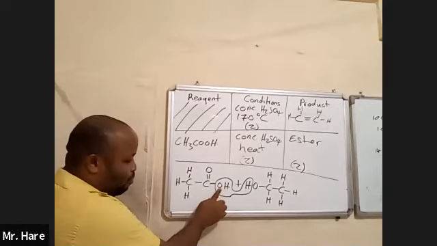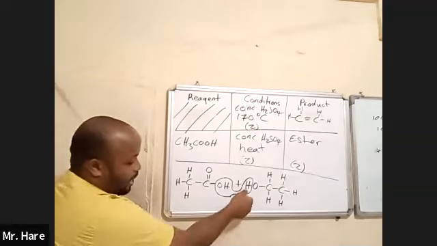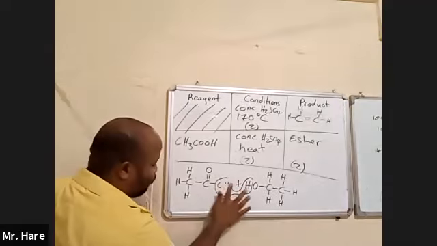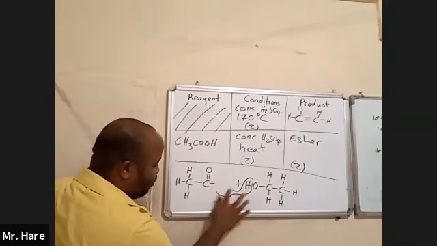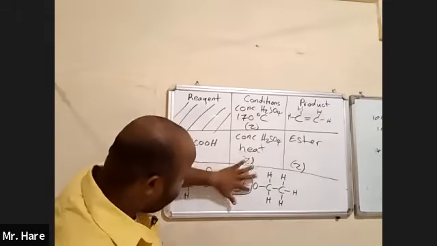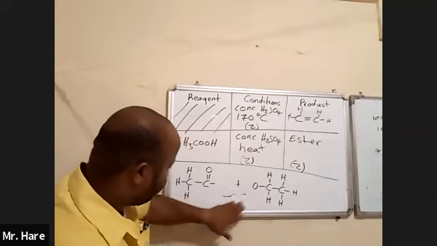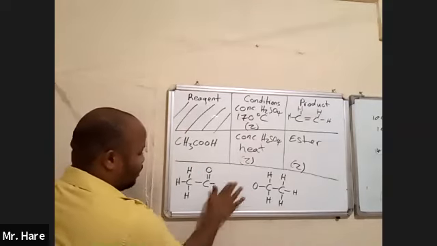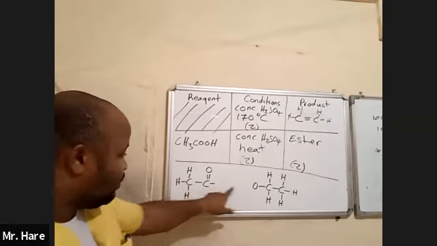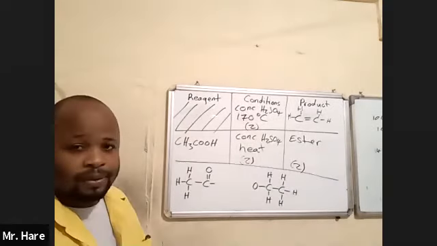We're going to remove the OH group from the acid and the hydrogen from the alcohol. Then now we can connect the carbon to the oxygen, and that is how we get the ester.